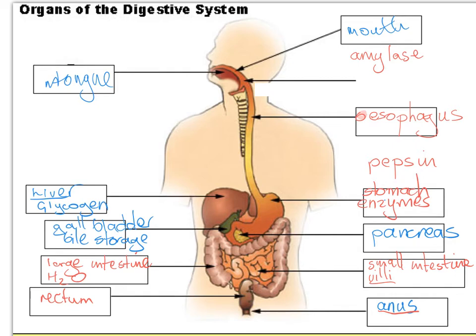And then we've also got our gallbladder that's got the bile stored there. The bile gets poured into the small intestine, and it's involved in fat breakdown, but you don't actually need to know that part. And you've also got your pancreas, and if you remember back to your glucose balance, the pancreas produces the hormones insulin and glucagon. And it's important to remember these bits of information about the associated organs.